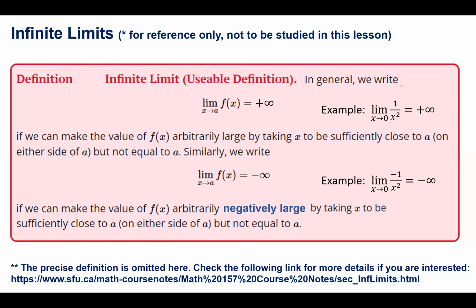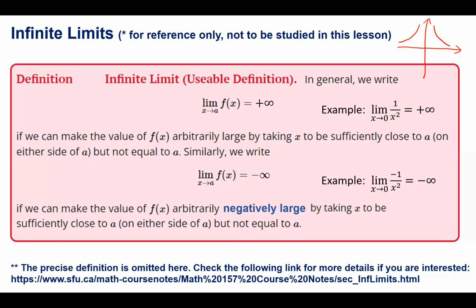For example, again, let's consider the same function, which is f(x) equals 1 over x squared. Again, the graph of this function will look like this, right? So we can denote the behavior of this function when x approaches 0.